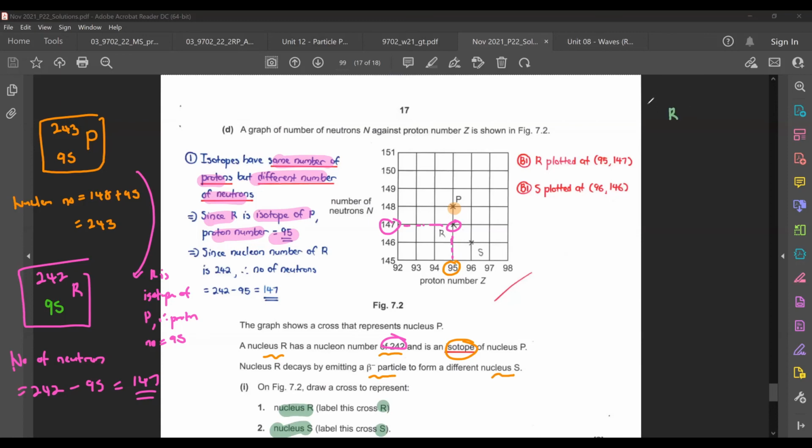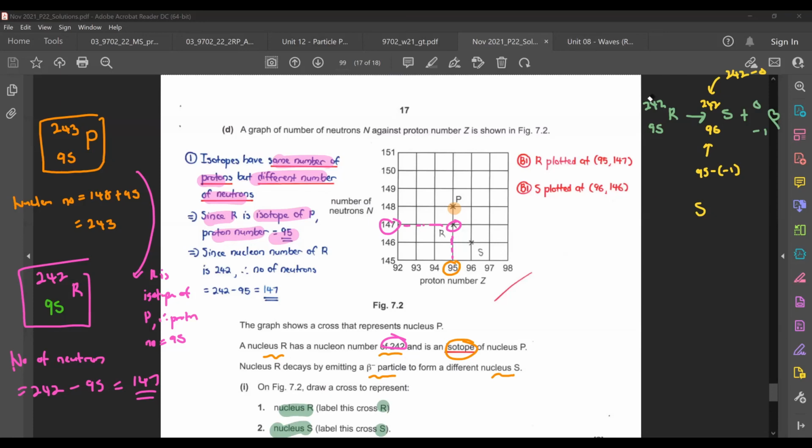What you can do is, R, 242 95, decays to become nucleus S plus beta minus particle. So all you just need to do is to balance off your proton number and nucleon number. This one will be 96 because it's 95 minus minus 1. This one will be 242 because it's 242 minus 0. So this is your S already.